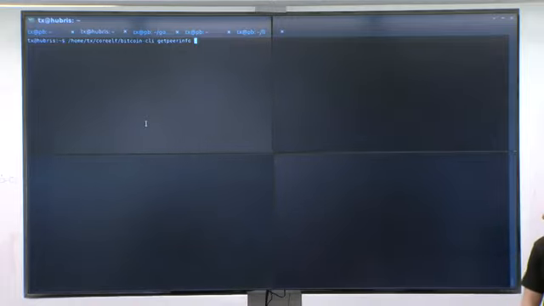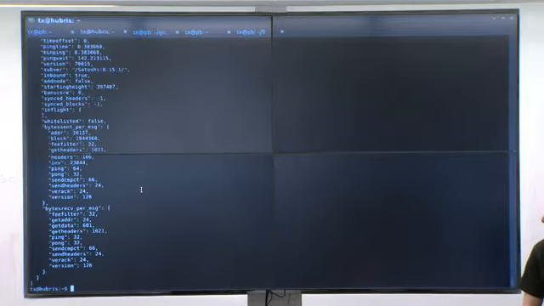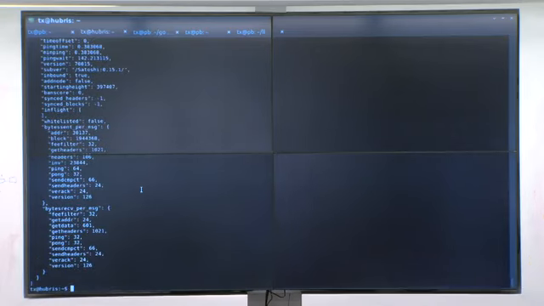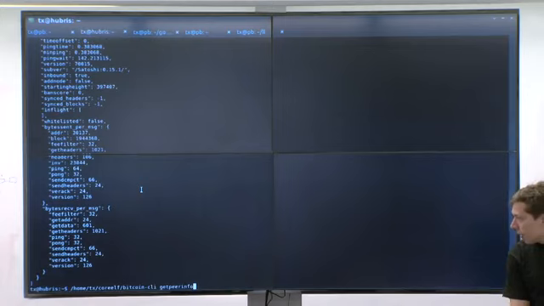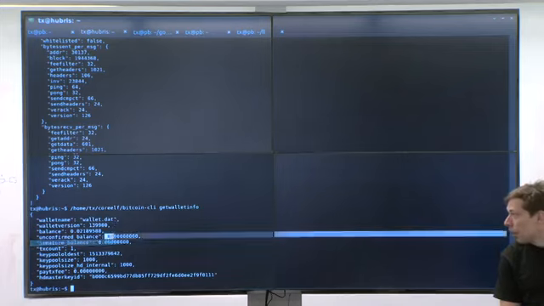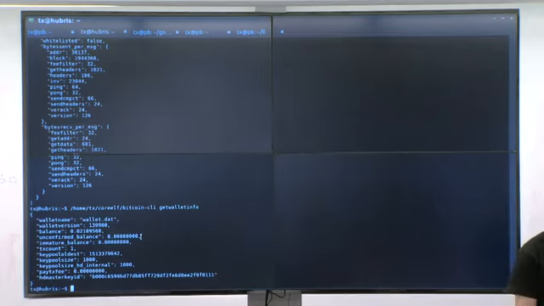I want to see who's connected to me. It returns JSON, and it tells me all about the people I'm connected to. If I say getwalletinfo, it'll tell me I don't have any money. Things like that. And then there's help.